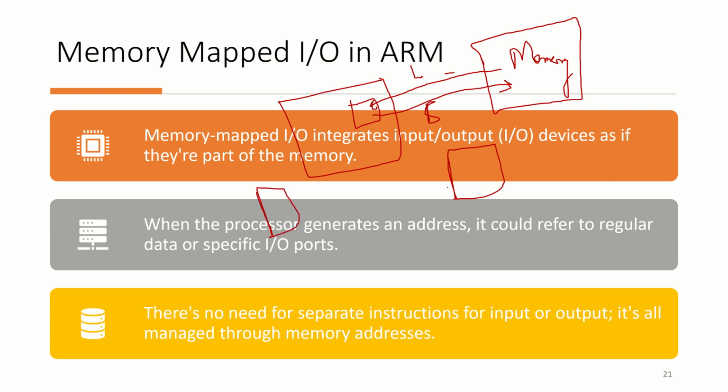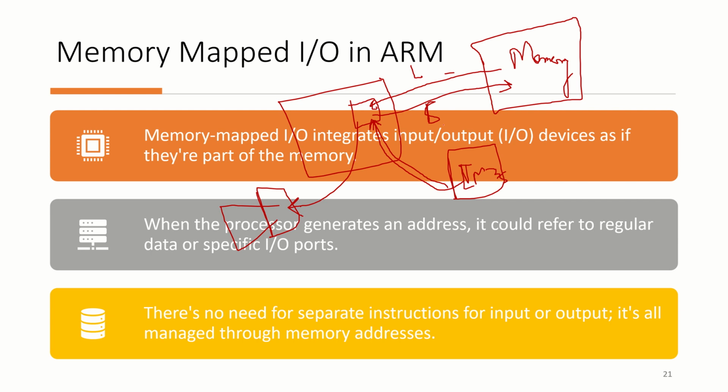We want to take values from input devices and we want to store something into output devices. Suppose this is a speaker, so we give some values and accordingly it will play. Here suppose it's a temperature sensor, LM35. It will give some values. That value first comes to the processor, and only then everything can happen.